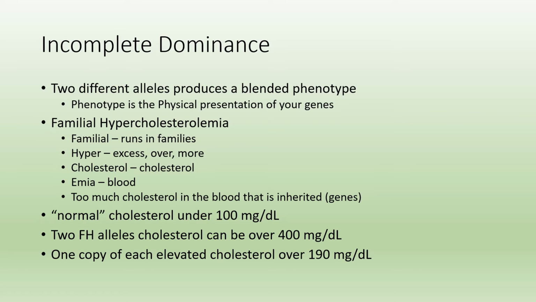It also only usually shows up in adults. About 1 out of every 250 individuals has at least 1 familial hypercholesteremia allele. So it's not incredibly common, but it does occur and it can be a serious health problem for people.